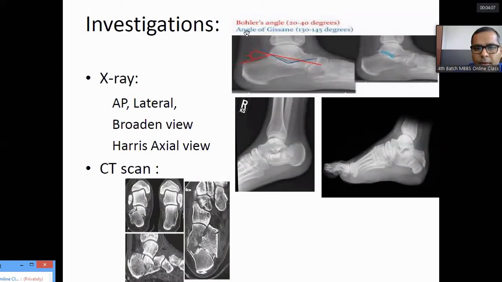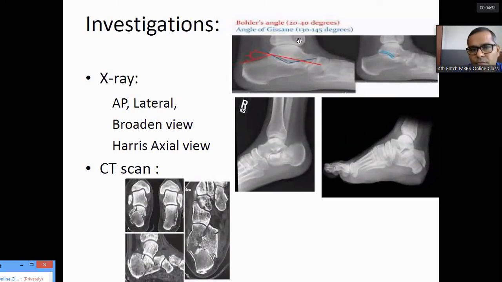Okay, and the Bohler angle we measure from these two lines, from the posterior process to the superior margin of the posterior facet and the superior margin of the anterior process. Okay, so this red line, the angle subtended is the Bohler's angle.